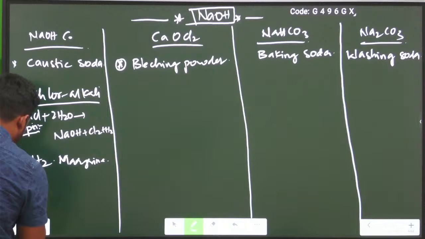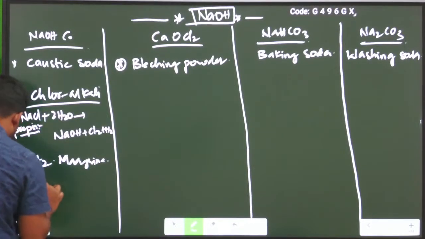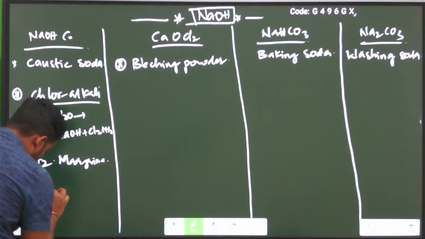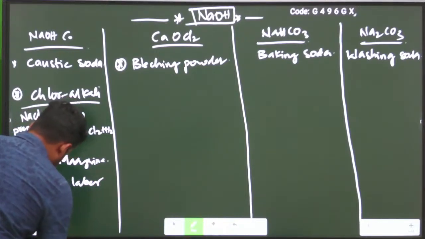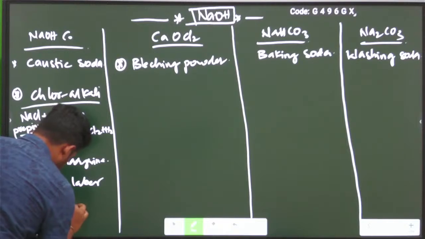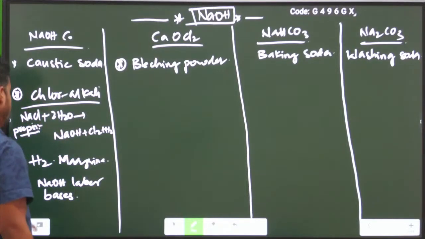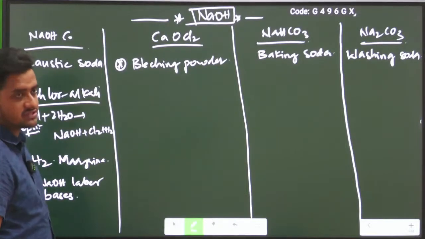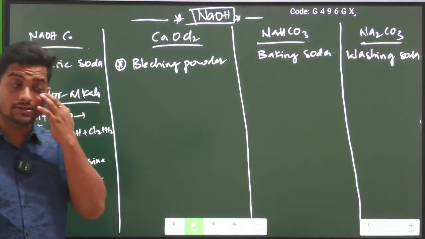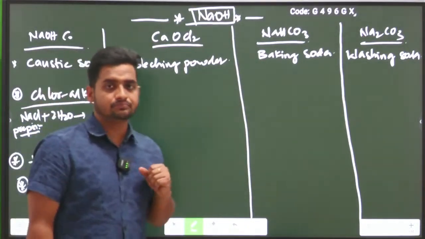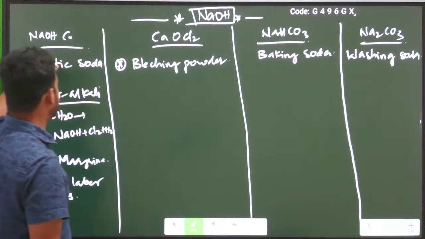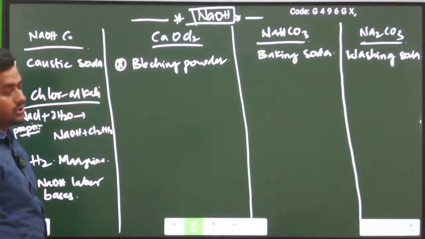And NaOH is used in laboratories as a base. Yes or no? NaOH is used in laboratories, that is, it acts as a base. So we have learned neutralization reactions. Yes or no? Neutralization reactions are carried out by using this NaOH.